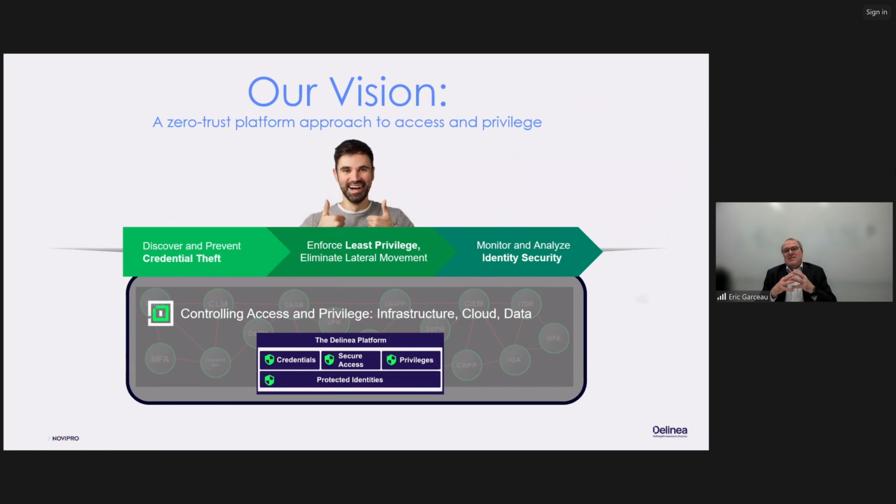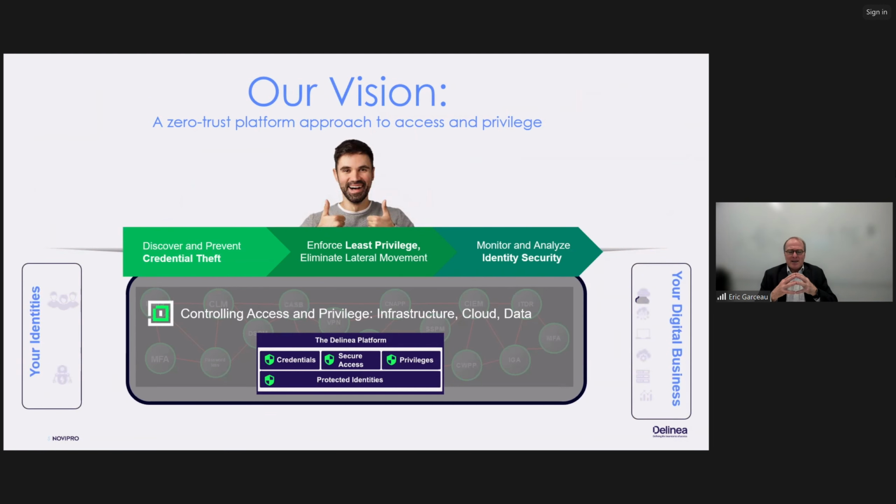Delinea is addressing this by addressing multiple disciplines within the identity framework and also with new technologies. For those who don't know us, Delinea is the merger between two vendors in the PAM marketplace, the privileged access marketplace. One is Thycotic and one is Centrify.